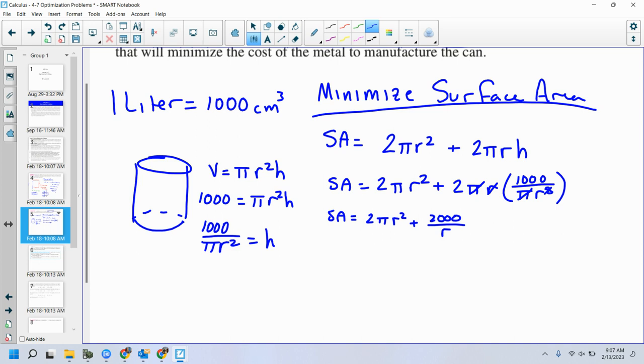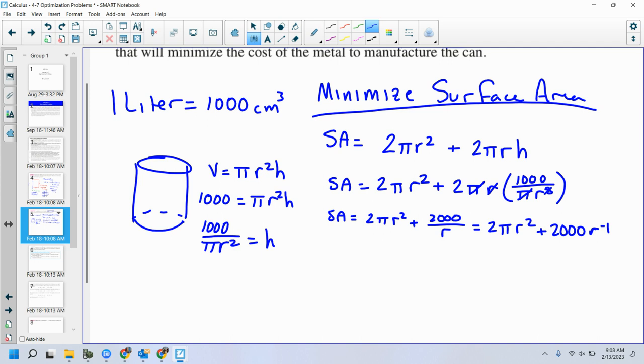Or in other words, 2 pi r squared plus 2,000 r to the negative first. Because again, when we're working with functions and I want to take the derivative, with polynomials it's way easier than trying to think about it as a quotient.